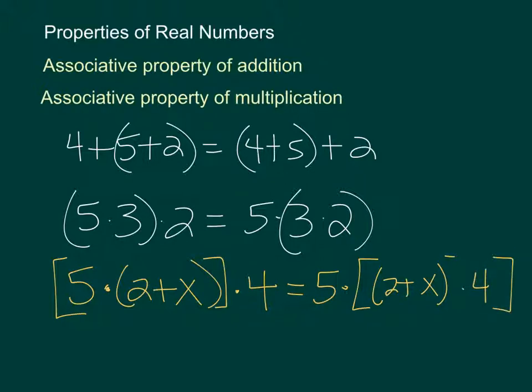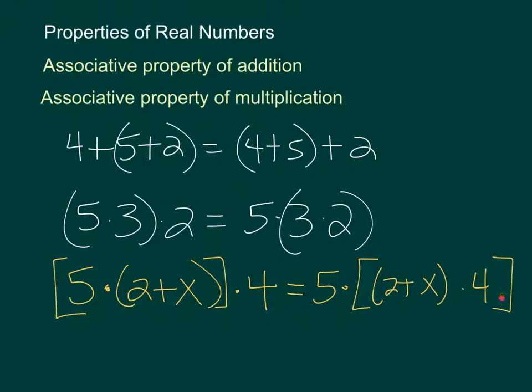That, again, is associative because all I did was switch my parentheses. And it's kind of more obvious here that something else is involved because we've got our brackets. So the brackets moved, but the position of the three quantities didn't. We have 5, 2 plus x, and 4.